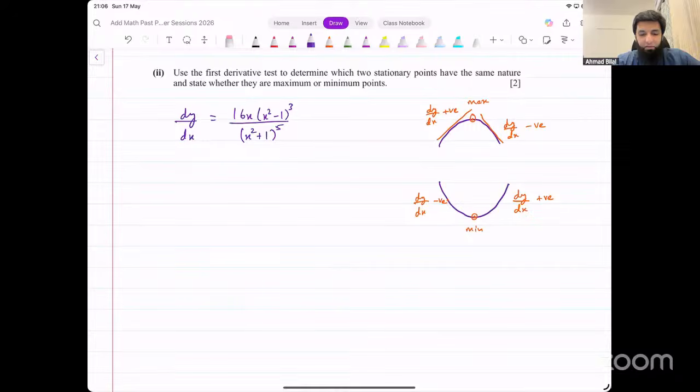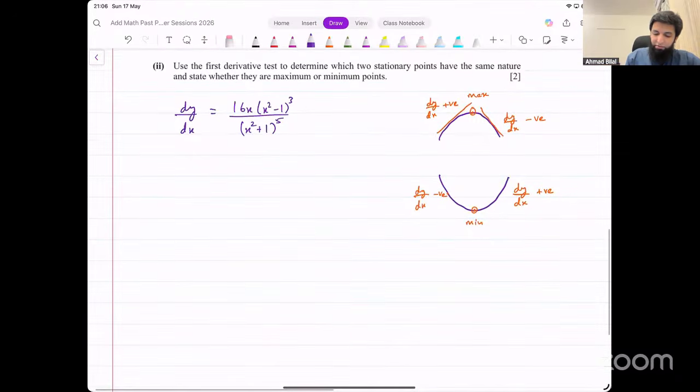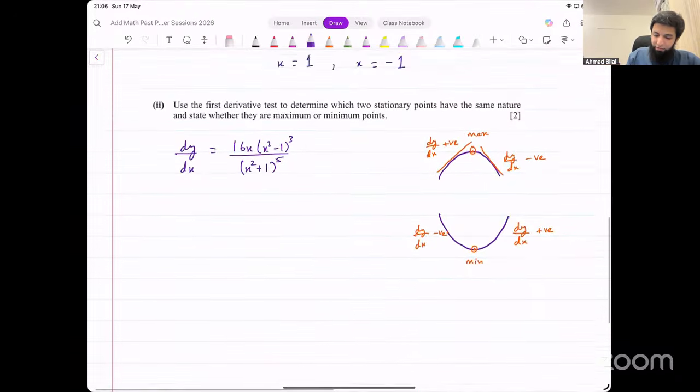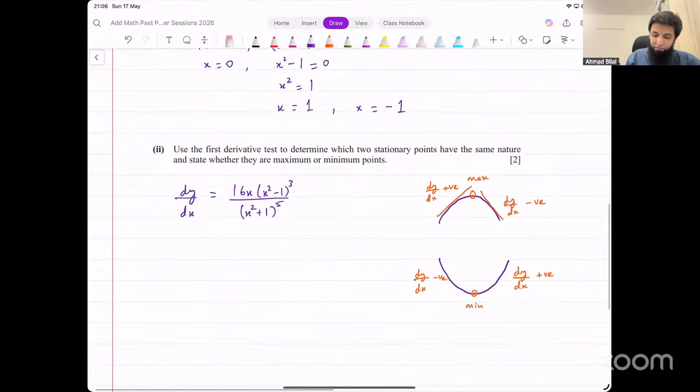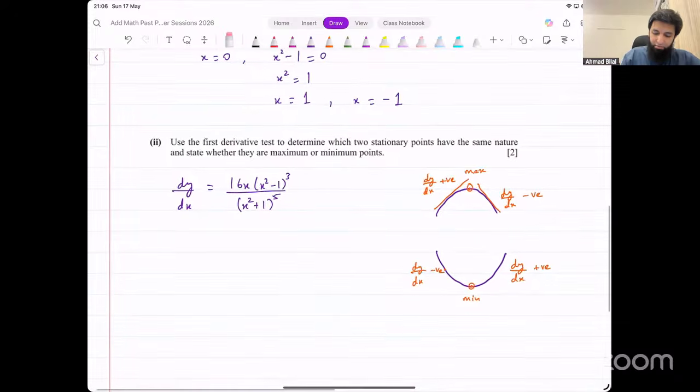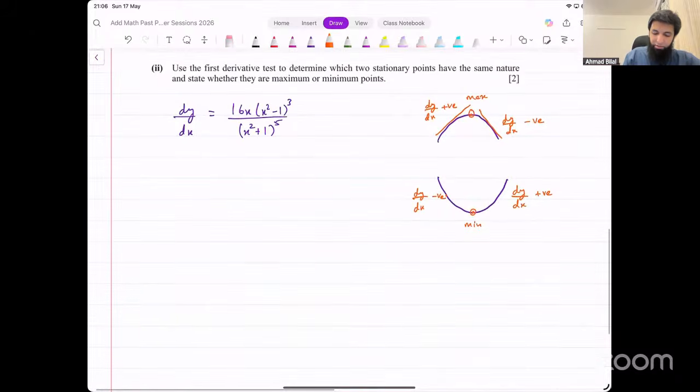We need to figure out the value of the derivative around these three turning points now: around x equals 0, x equals negative 1, and x equals 1. Take points around them. Now, which points can we take? Just think about it.